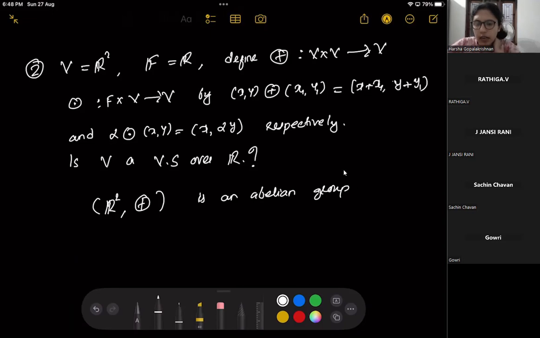Yes, ma'am. Okay. Now the only thing we need to check is the properties related to the scalar multiplication. Do you think all the properties defined in the vector space are satisfied for this particular scalar multiplication? Does anything fail to be satisfied? Can you think of all the properties?